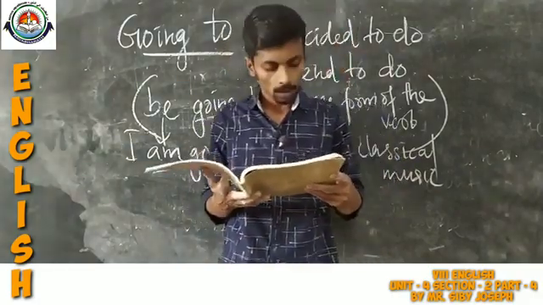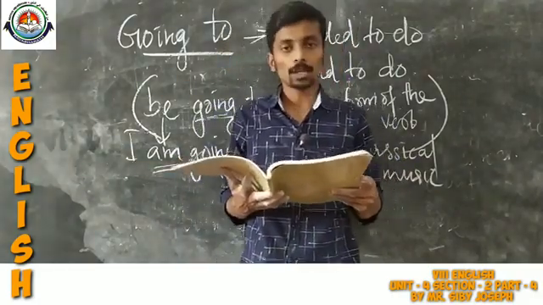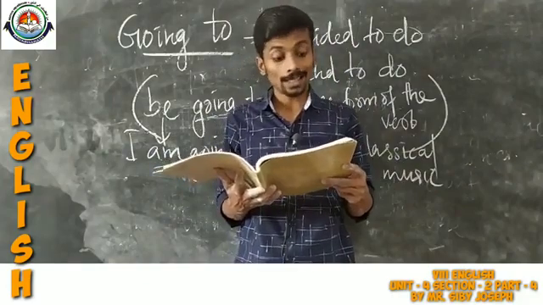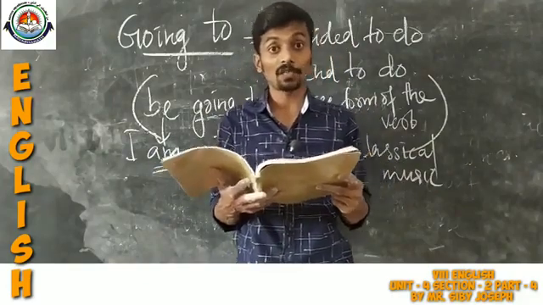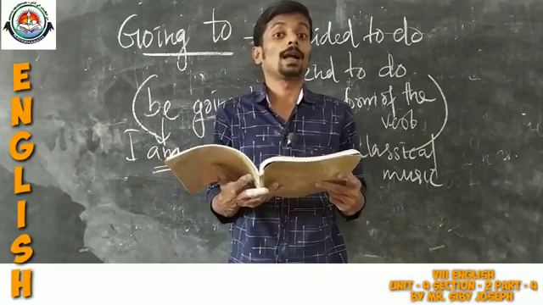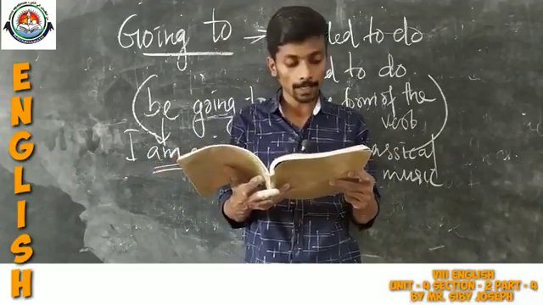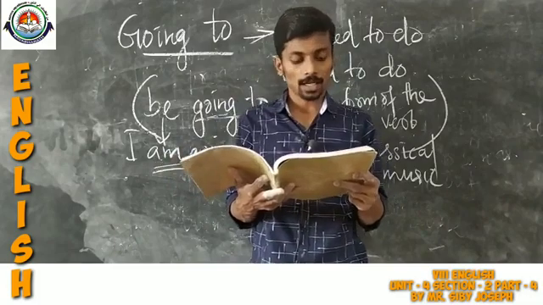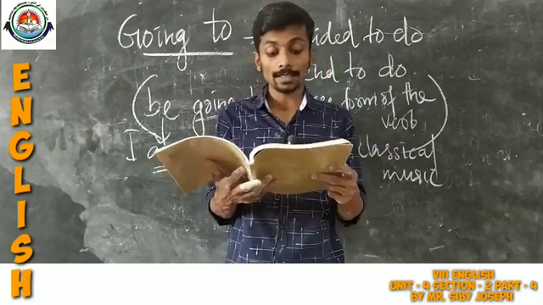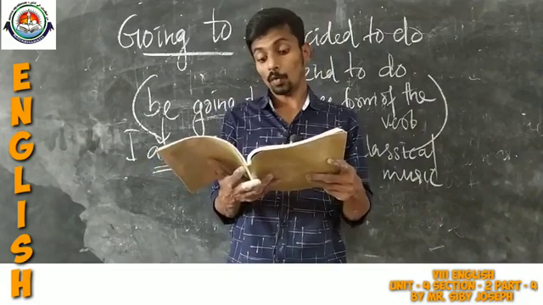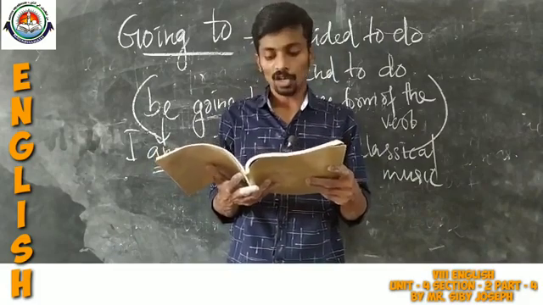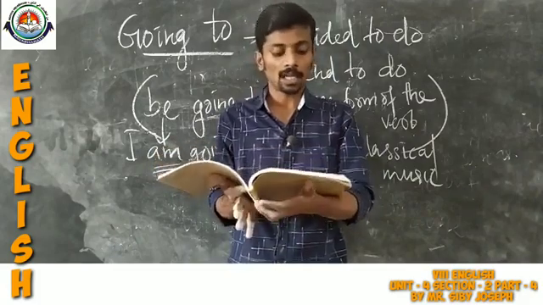Okay, now please take page number 98 and look at the second set of exercises given on page number 98, the D section. Fill in the blanks in these dialogues using the will or the going to form of the verbs given in the brackets.